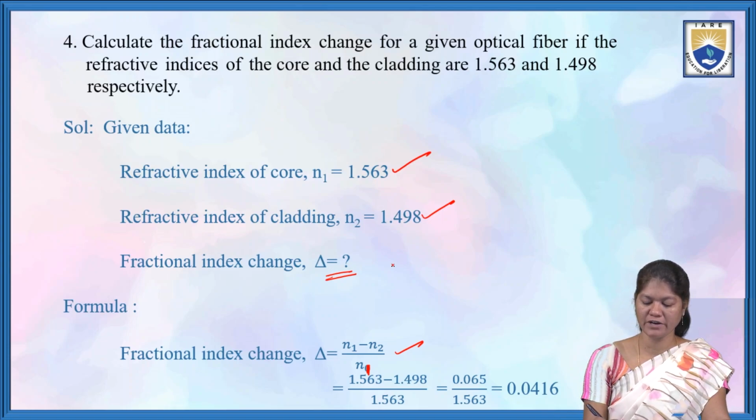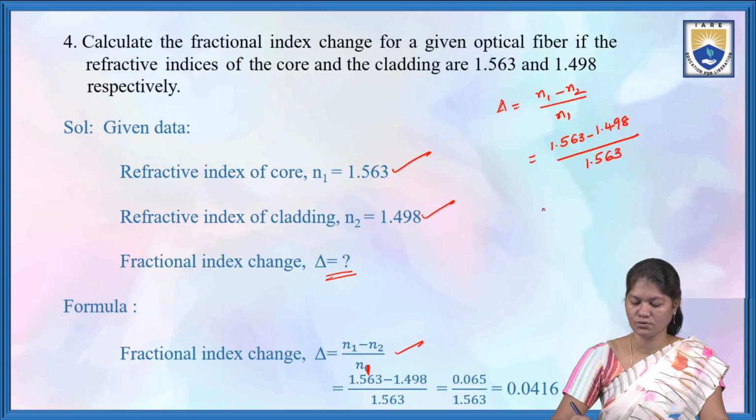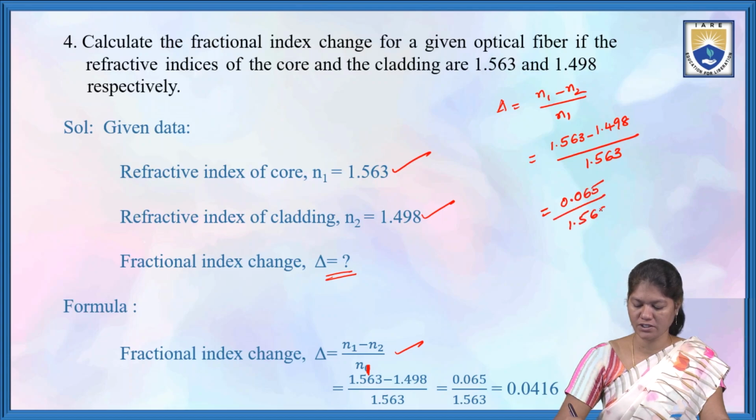So let's substitute the N1 and N2 values. Delta is equal to N1 minus N2 by N1, so 1.563 minus 1.498 divided by 1.563. Subtracting 1.498 from 1.563, we get 0.065 divided by 1.563.